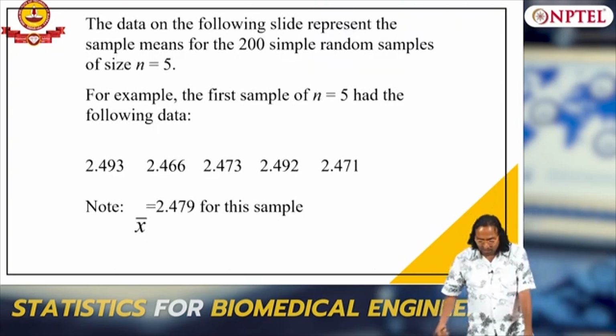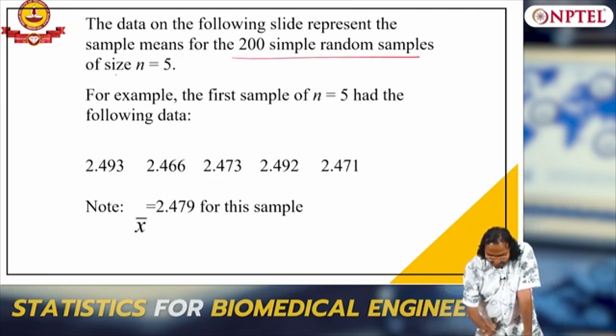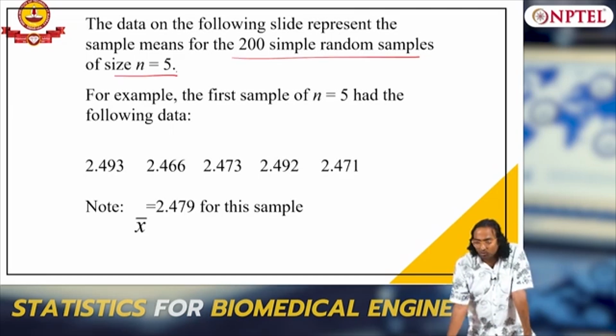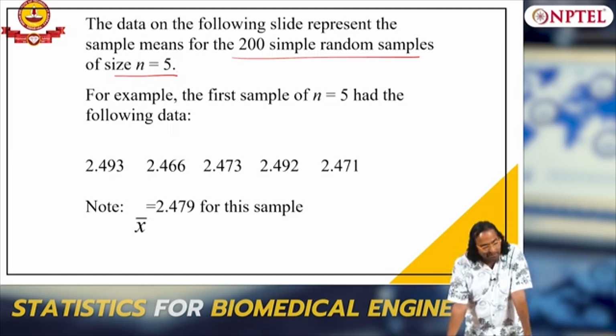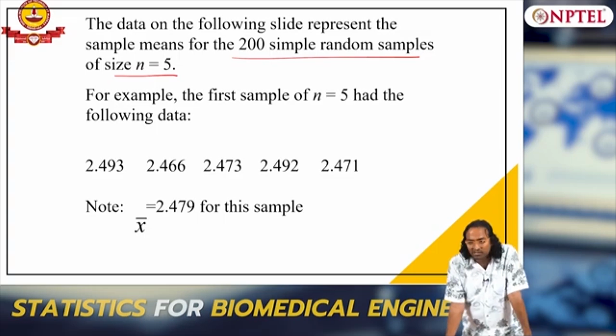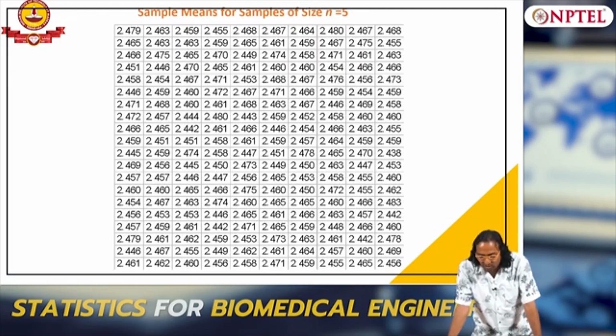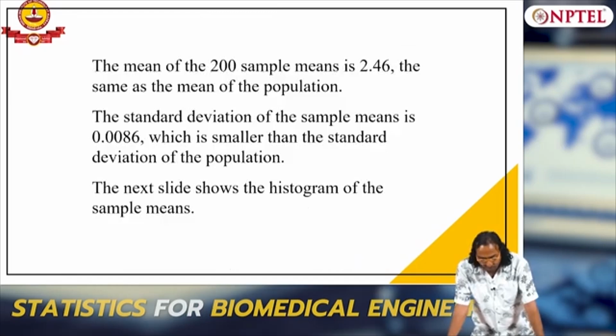Sample mean for 200 simple random samples of size n equal to 5. So what did I do? I have taken 200 samples, each sample of size 5, so the total number of data points used is 1000, and these are the means of these 200 samples. Now I plot x bar.